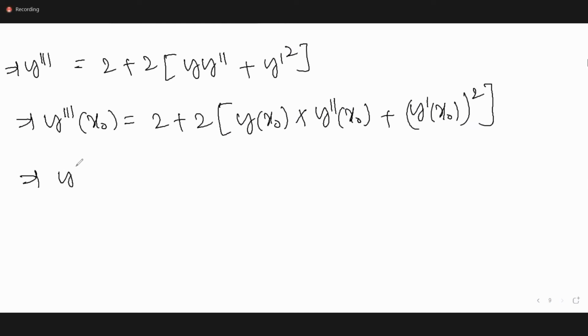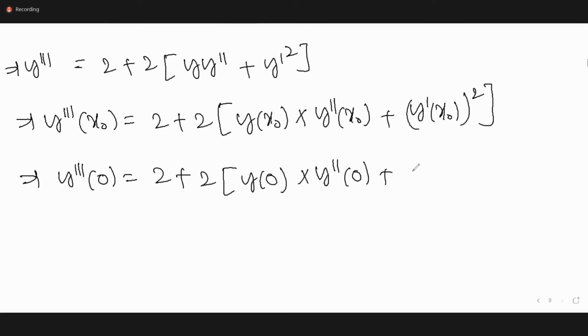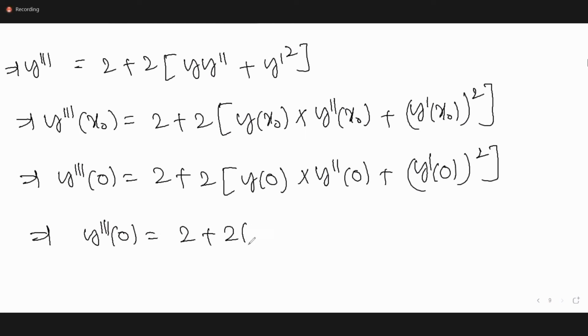So at x naught is equal to 0, 2 plus 2 into y of 0 into y double dash of 0 plus y dash of 0 whole square. So y triple dash of 0 is equal to 2 plus 2 times of 0 into 0 plus 0 square. So y triple dash of 0 is equal to 2.